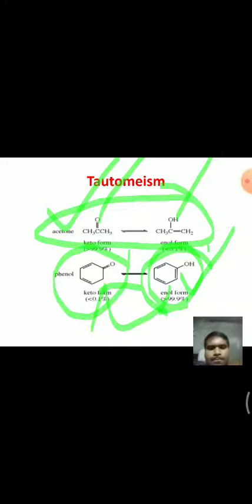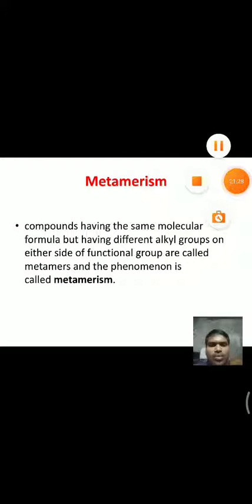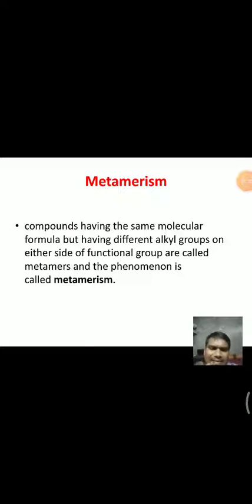And next, coming to the last one in structural isomerism, that is metamerism. See here, coming to the definition, compounds having the same molecular formula but having different alkyl groups on either side of a functional group are said to be metamers, and the phenomenon is said to be metamerism.